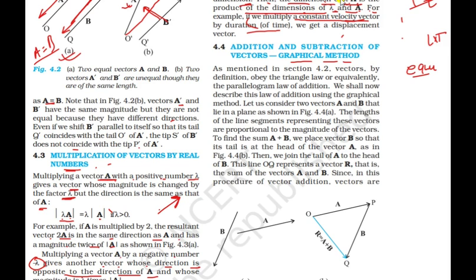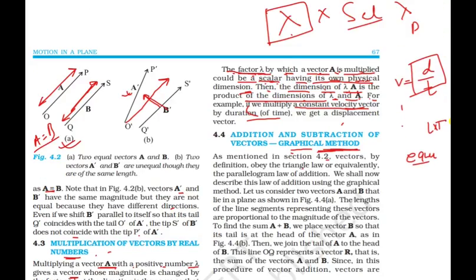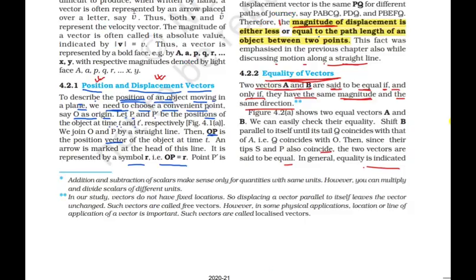Now, addition and subtraction of vectors, graphical method. Graphical method means geometrical method. As mentioned in section 4.2, vectors by definition obey the triangle law, or equivalently the parallelogram law of addition. What we have seen, let me show you.